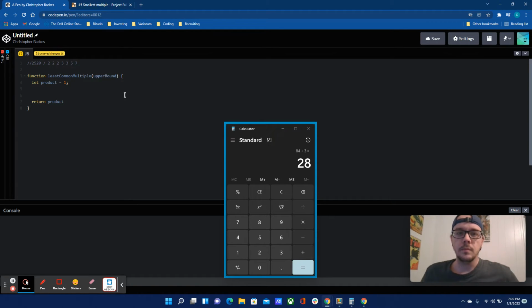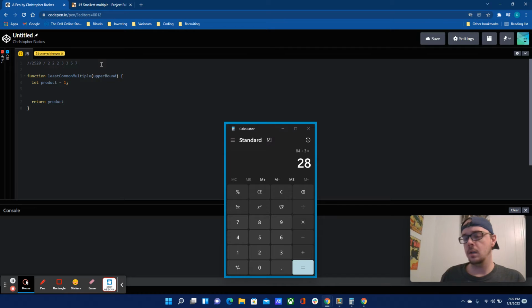Now, why are there extra 2s and extra 3s, and how do we determine how many extras are supposed to be in there? Well, if you look, this is 2 to the third, which is 8, and this is 3 squared, which is 9.